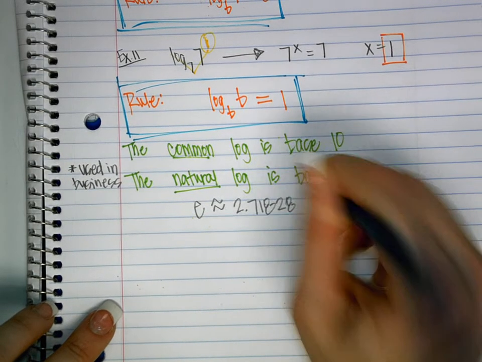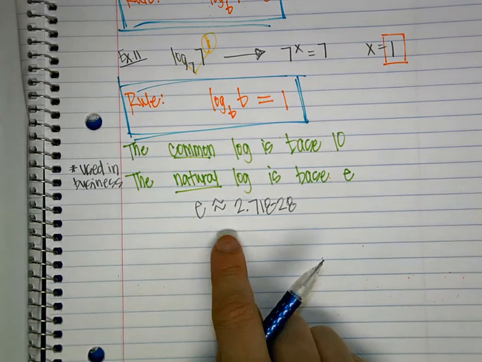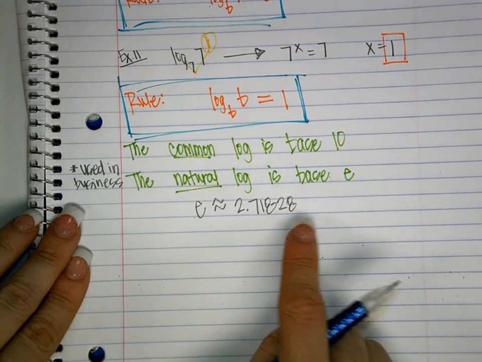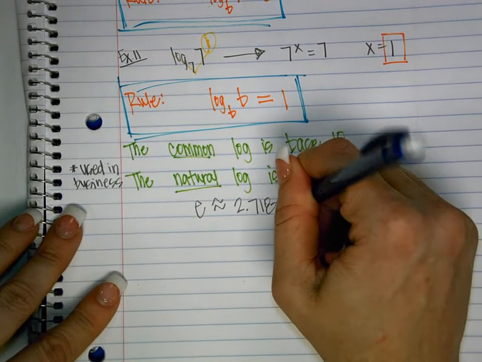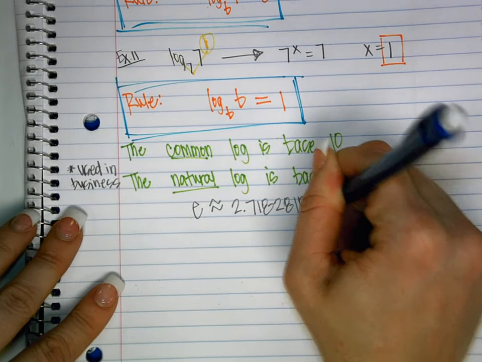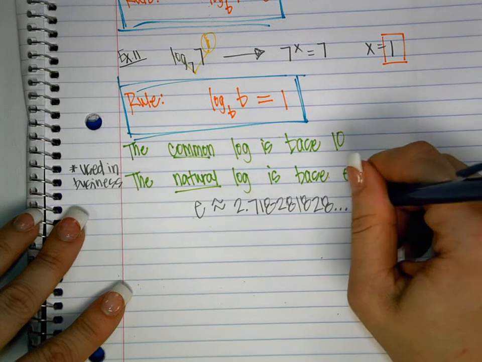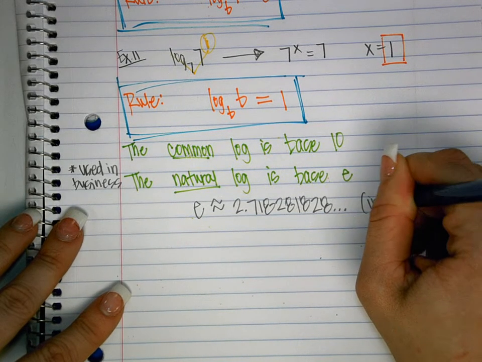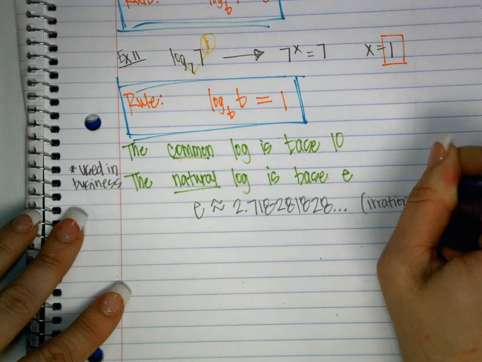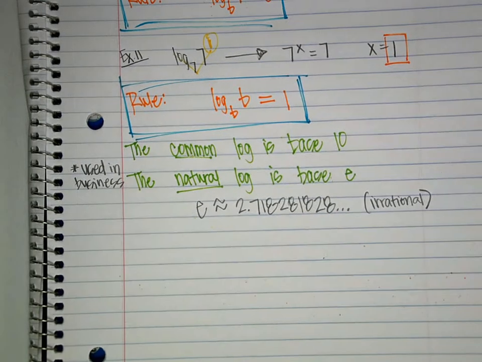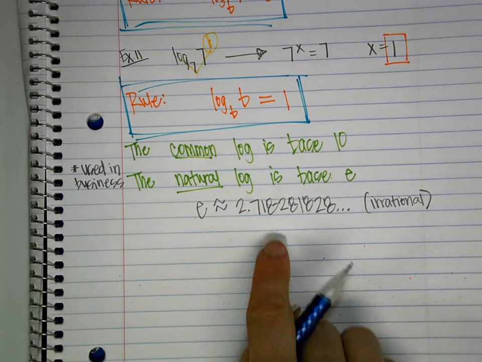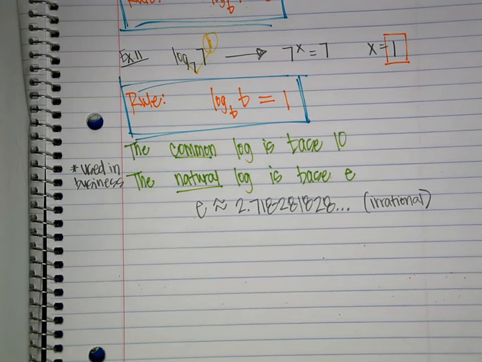That means it's not equal to, it's approximately 2.718281828, and it would keep going. It is an irrational number. You cannot put a line over the repeating part because it's not exact. They don't repeat exactly. There's no exact repetition.